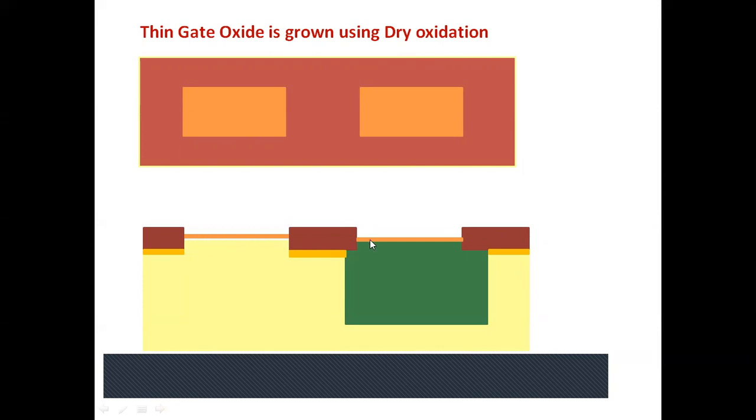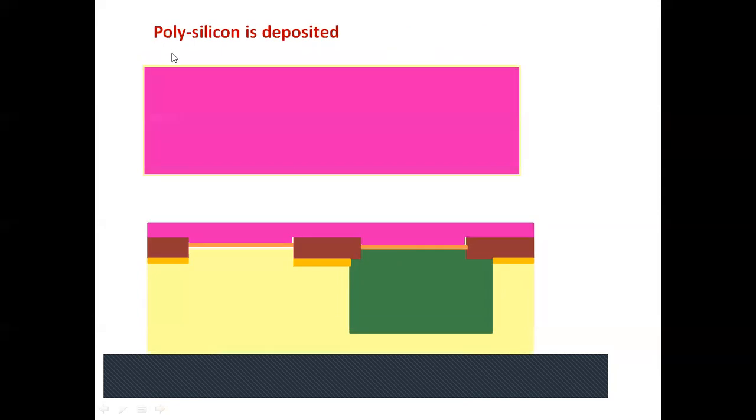The oxygen atoms with the silicon grow the oxide layer. And you can see the cross section.